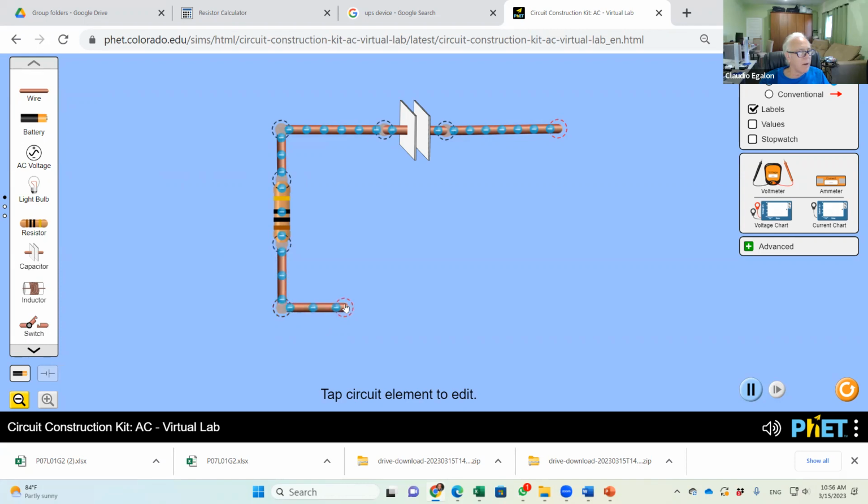Okay, now, and then what else do we need? We're going to need a battery. We didn't study that yet, but we're going to see it very soon. That's what we call an RC circuit.